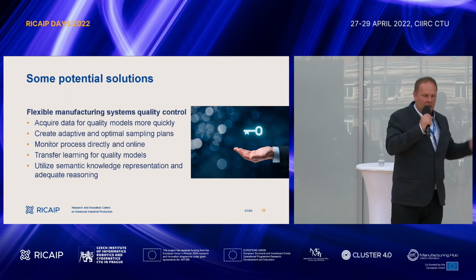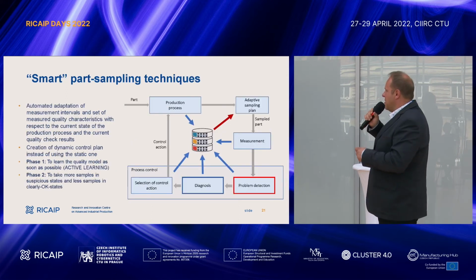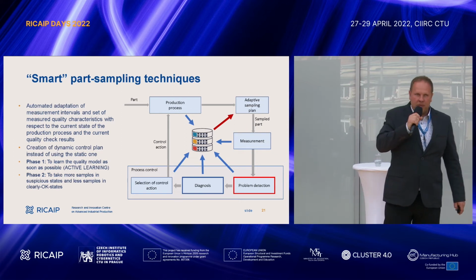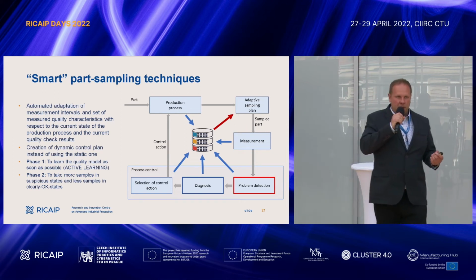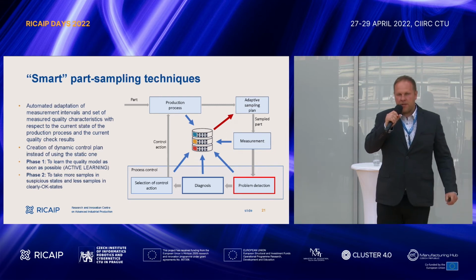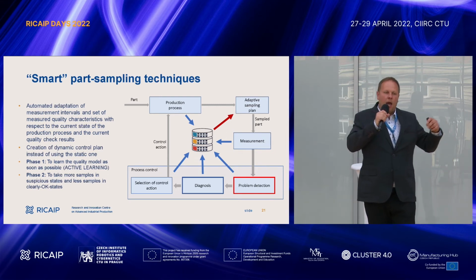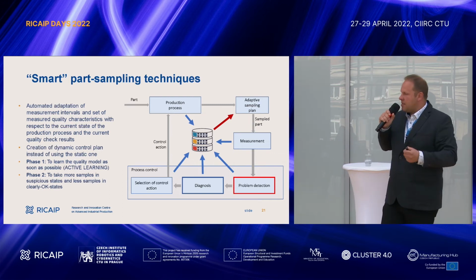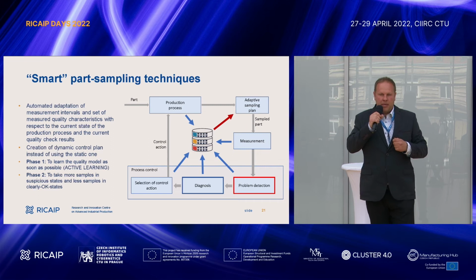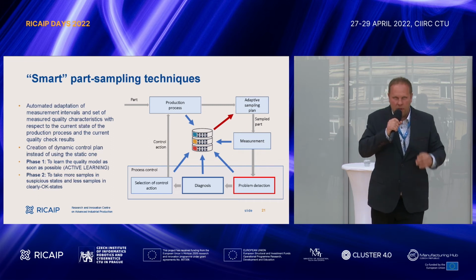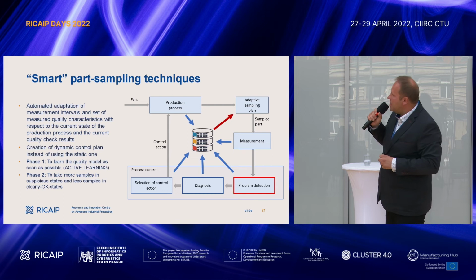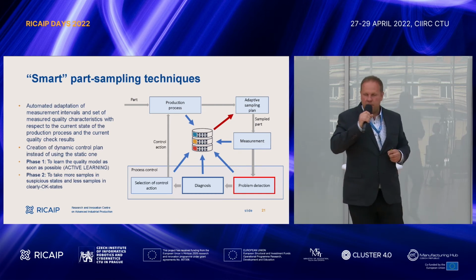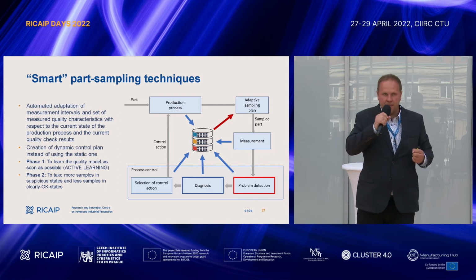Obviously, you will probably find other solutions, but I will mention some of those that I was dealing with. First of all, very often the parts that come from the manufacturing process are sampled randomly or periodically. This could be an added value: we could sample the parts from the production process smartly.